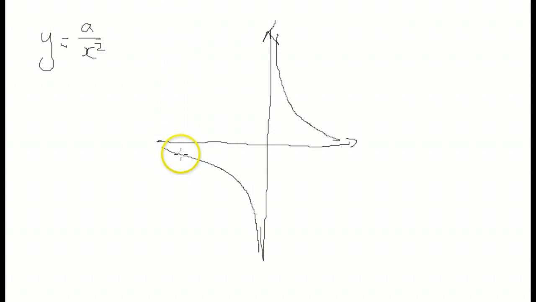That means this whole portion would just be inverted upwards, and this would remain where it is. That is to say, we will not have this graph any longer. It should extend and never touch the axis. It will go all the way like this. This is the graph y equals a over x squared.